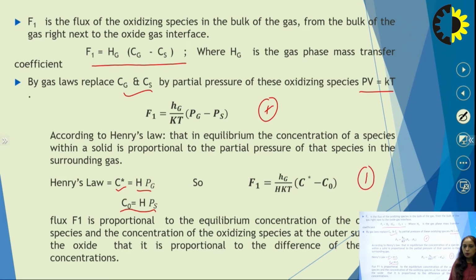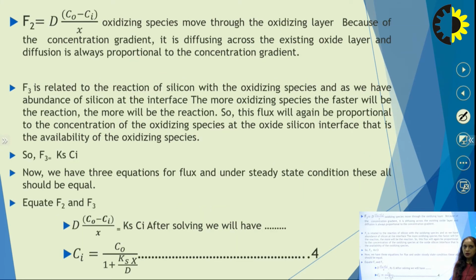So F1 is proportional to the difference between the equilibrium concentration of the oxidizing species and the concentration of the oxidizing species at the outer surface. Next we have F2, when the oxidizing species travel from the gas-oxide interface towards the silicon dioxide and silicon interface.